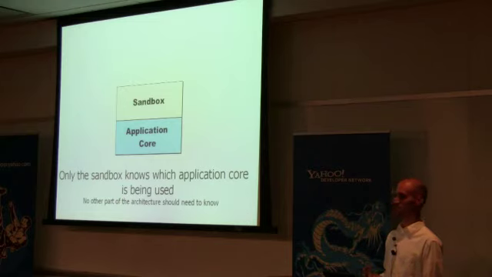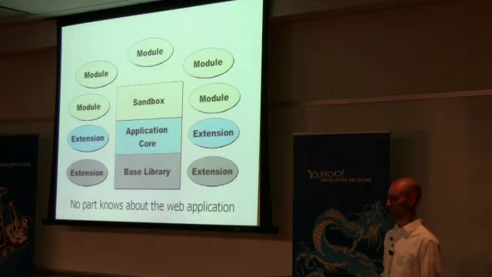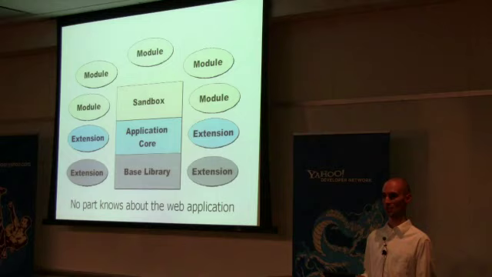You may need to recode the sandbox a little bit, but the sandbox interface always remains the same, so it doesn't matter to the modules that are using it. The modules know nothing except that the sandbox exists. They also don't know about each other. And no part of this architecture knows about the web application as a whole. Remember, they're just individual pieces that are each doing their own little job.